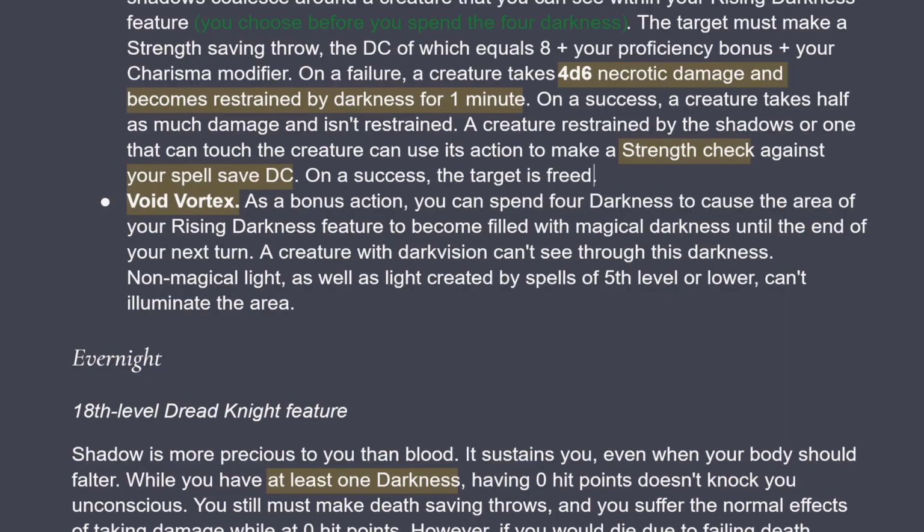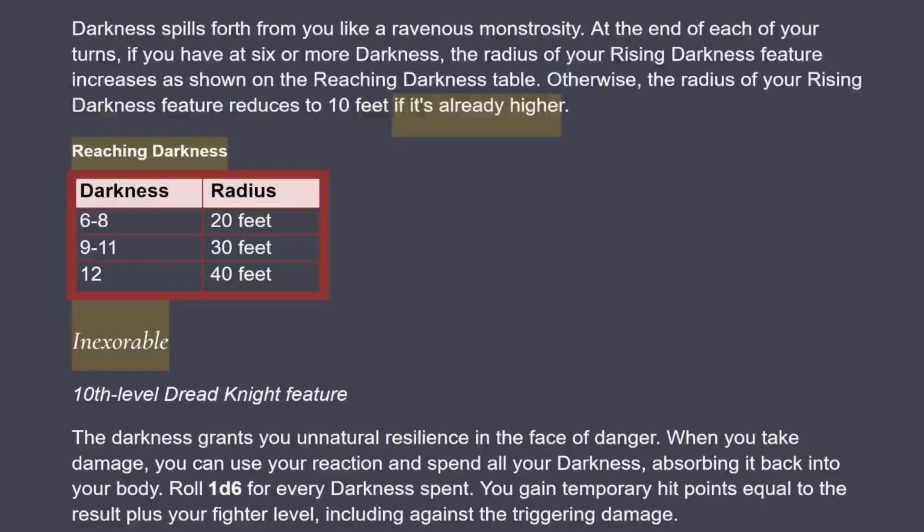As a bonus action, 4 darkness points, the area of your Rising Darkness feature, which is probably changing from a 30-foot at max or 40-foot if you're level 16 at max, down to a 20-foot. Never mind.